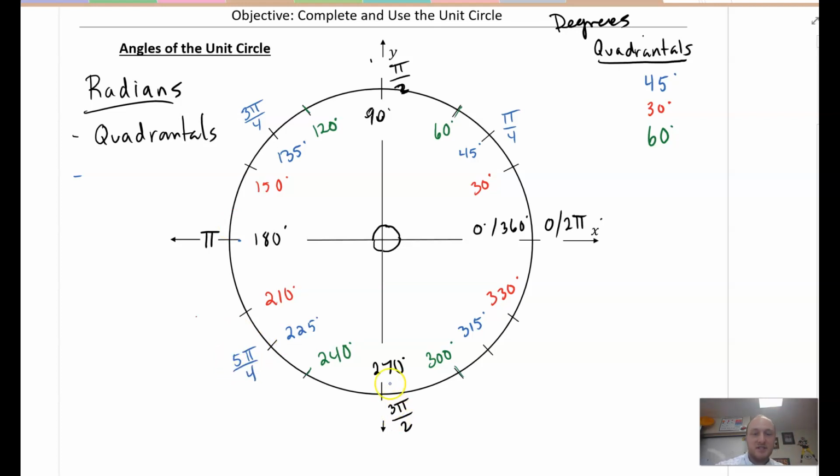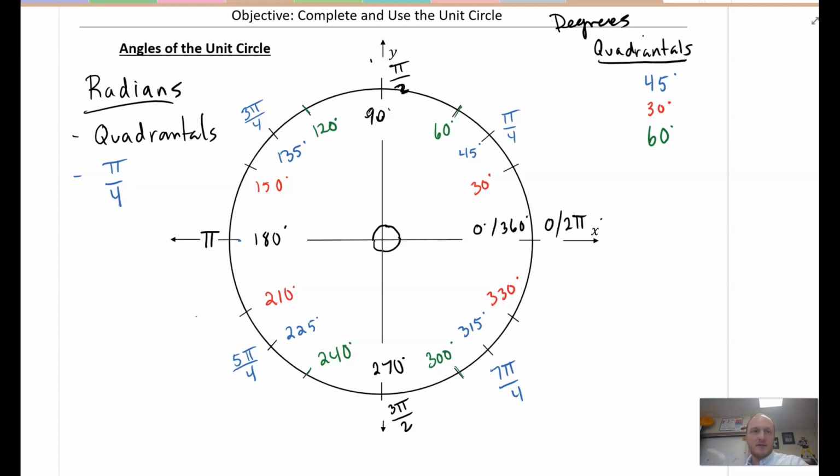Add another one, I get 6 pi over 4, which is 3 pi over 2. Add another one, and I get 7 pi over 4. And lastly, 8 pi over 4 if I add another one. And that brings me back to 2 pi. So those are your pi fourth angles, also known as your 45-degree angles.